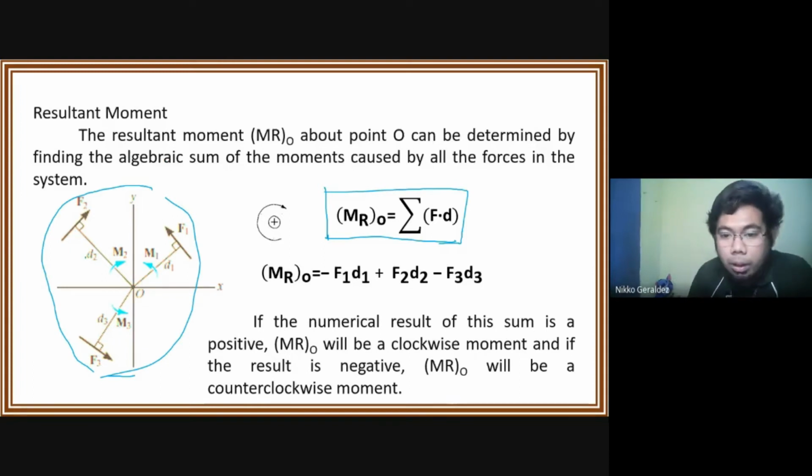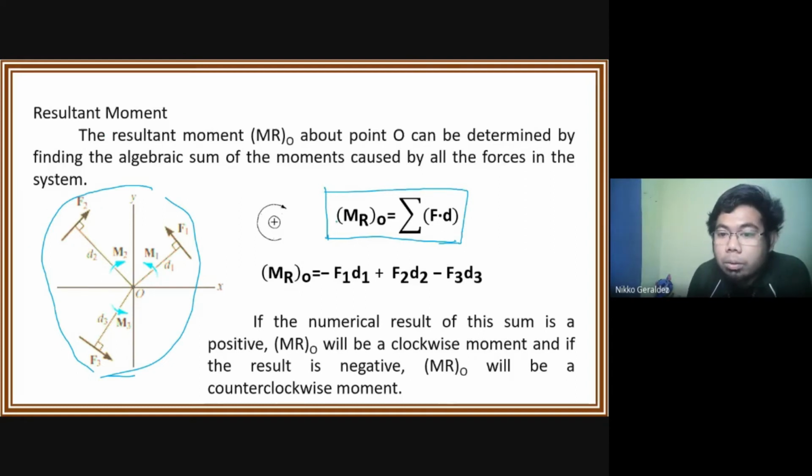Una, F1. So, F1 times perpendicular distance. Titingnan mo, ano yung magiging direction ng moment produced by F1. Dito sa figure natin, yung moment na mapoproduce ni F1 is counterclockwise. Ang convention natin, clockwise positive, counterclockwise negative.